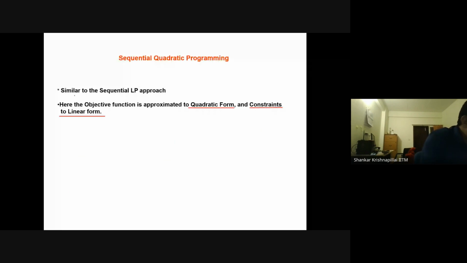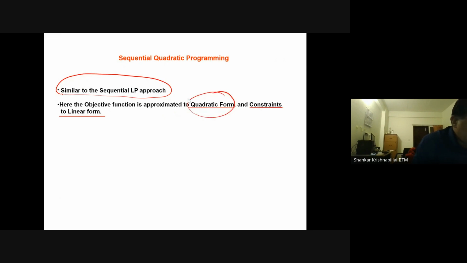The method is similar to the sequential linear programming approach. The only difference is that the objective function is approximated to quadratic form, and the constraints are approximated to linear form. Then you do the same thing: you repeatedly convert to quadratic form and find x1, y1 till convergence.